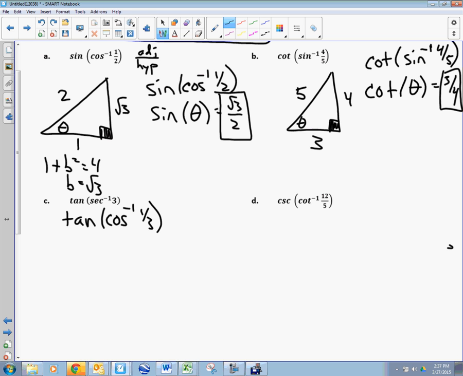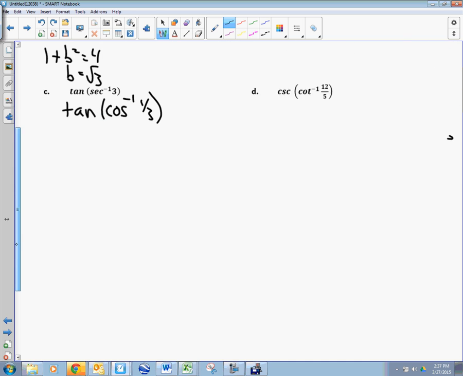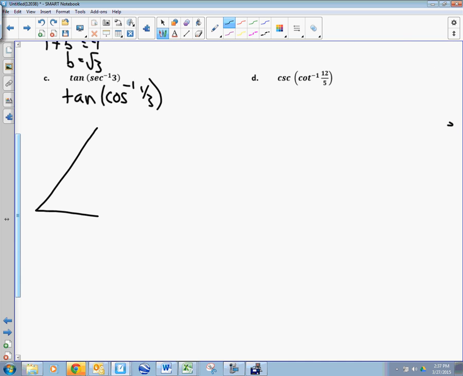So tangent of cosine inverse of 1/3, because secant and cosine are reciprocals. So I'm going to go ahead and make a drawing. Put theta right there. Cosine is what? SOHCAHTOA. What is it? Adjacent over hypotenuse. So it's 1 and 3.